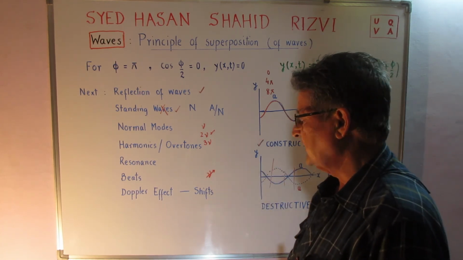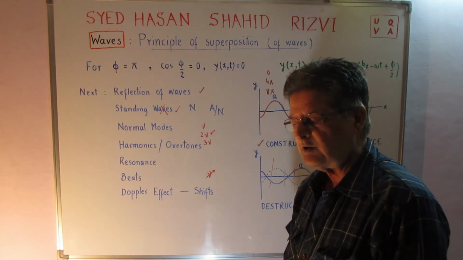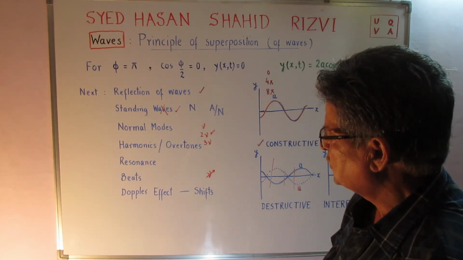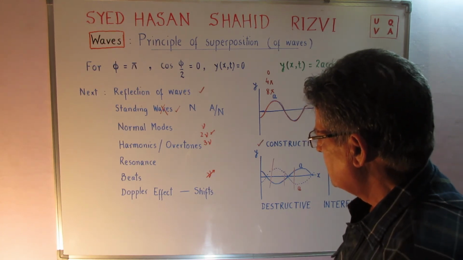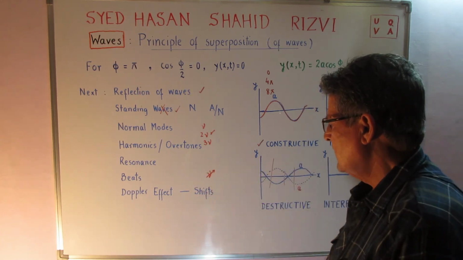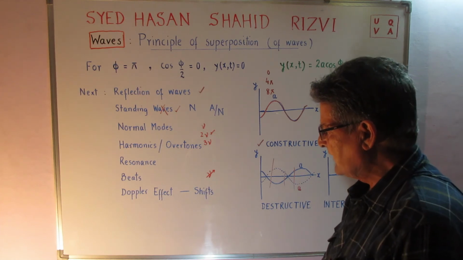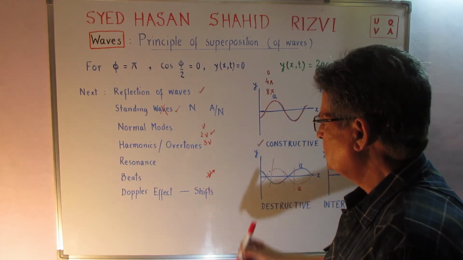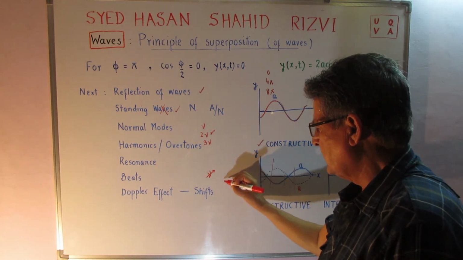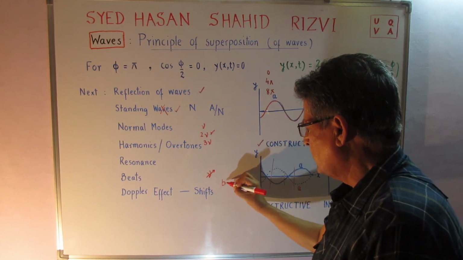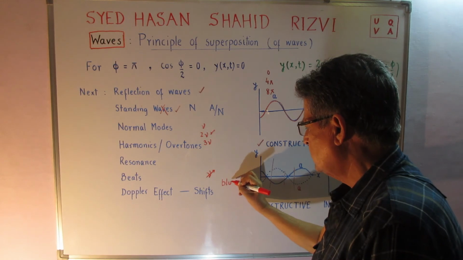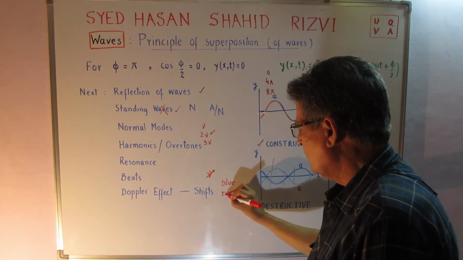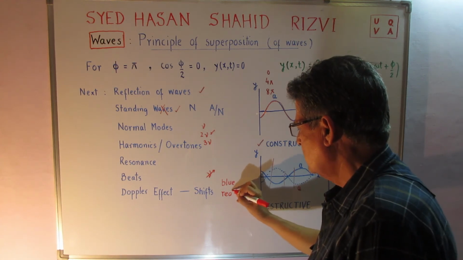There is a real frequency and there is an apparent frequency. We'll talk about that. And when we take it to optics and talk in terms of galaxies, etc., there are shifts which are called blue and red shifts. I'll tell you about that.